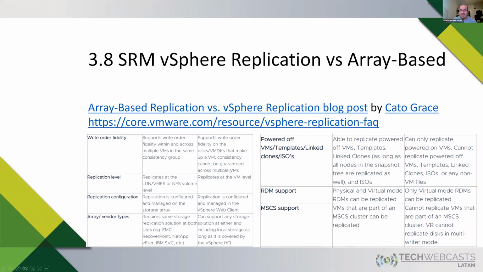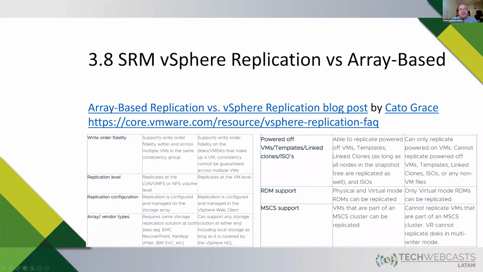So what Agustin was mentioning before, where you can have consistency that is supported by the array, that's what we're talking about. We're talking about a whole application, several servers, where you can be assured that they are consistent between each other. Whereas with vSphere Replication, you can only assure consistency individually. And maybe you can have discrepancies when you bring up the recovery plan, because the solution cannot do that.